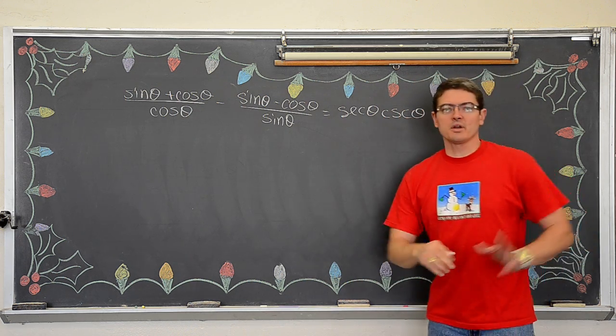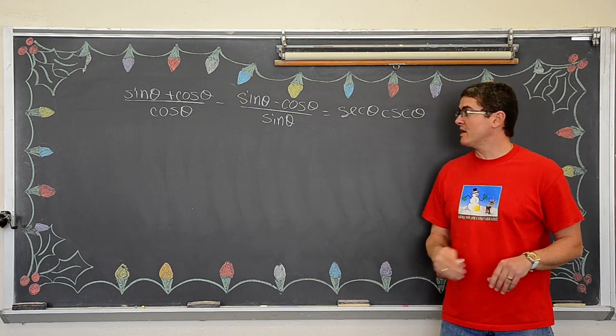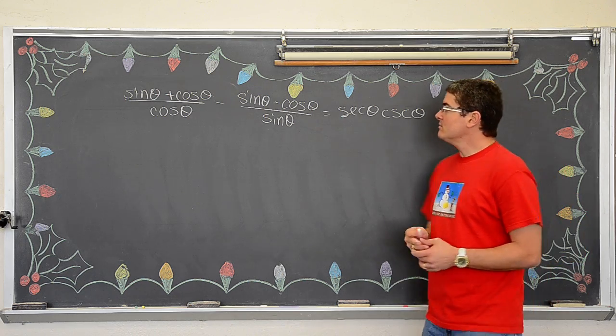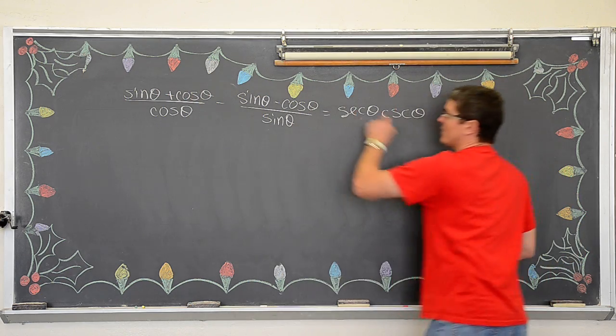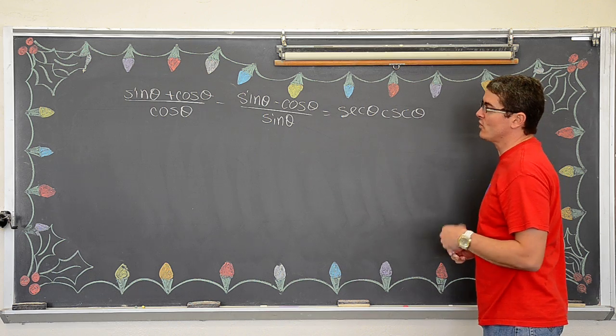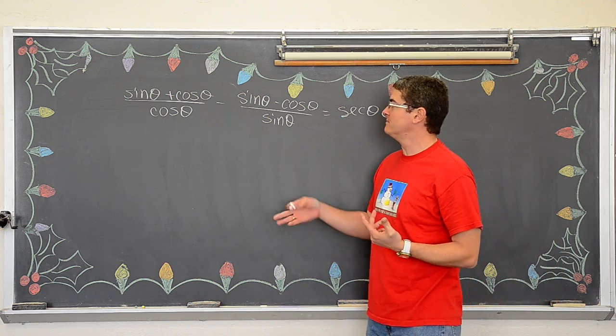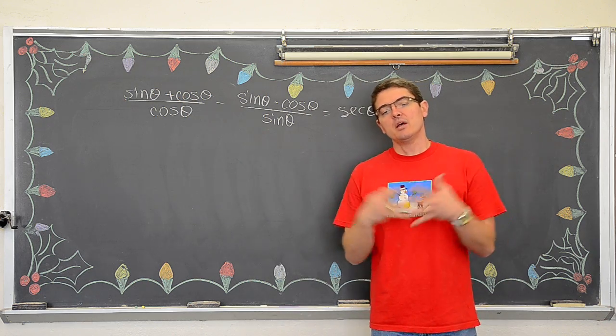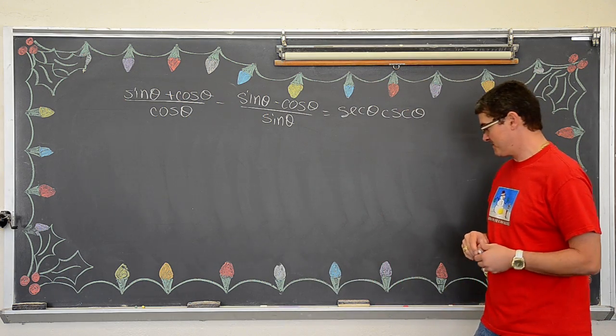Okay, so we're going to clearly again work with the left-hand side because it's obviously much more complicated than the right. Well, we have two terms, and over here we only have one term, which means we're going to find common denominators again and bring those fractions together and see what happens.